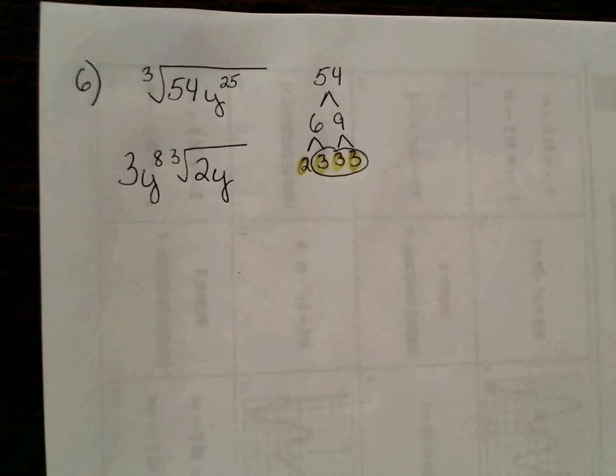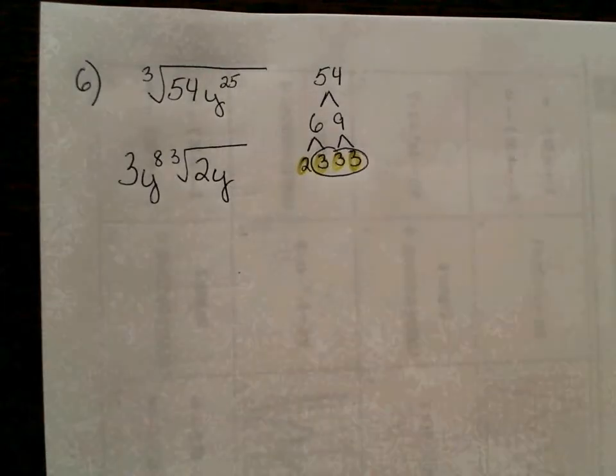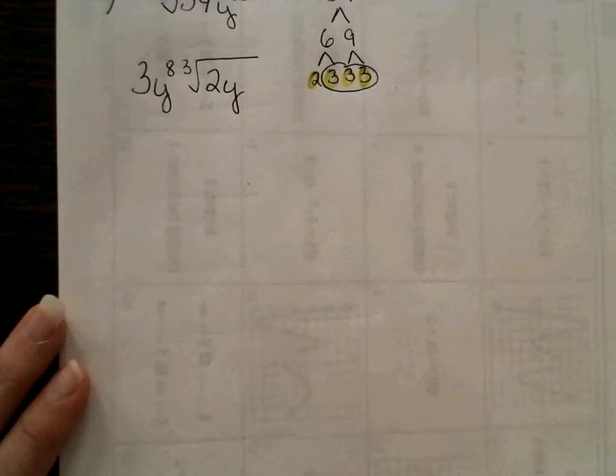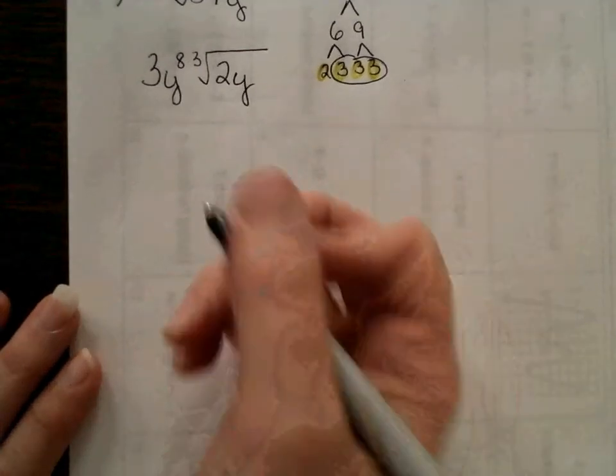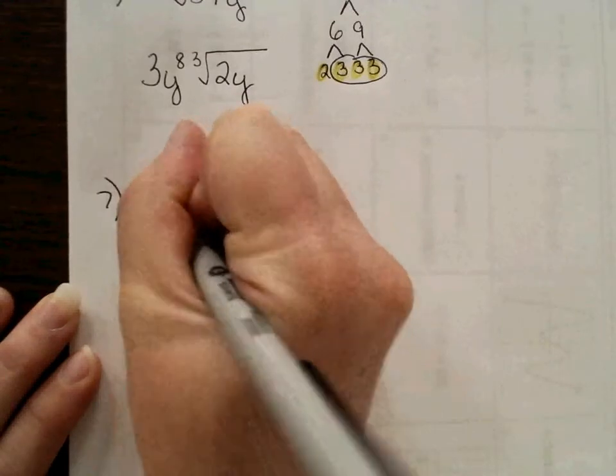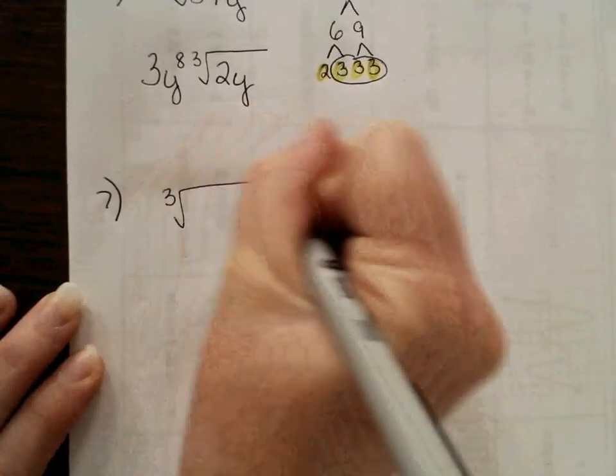That's it. Okay? So you can see the transition. You can write them out, or you can try to just divide and then multiply. So we'll do, we're on 7, right? Okay.